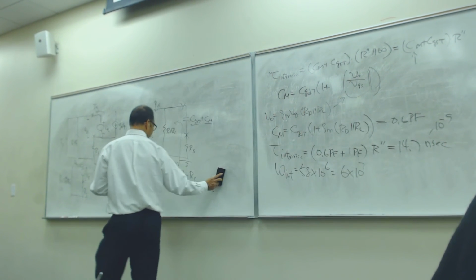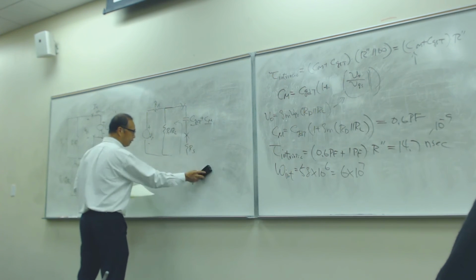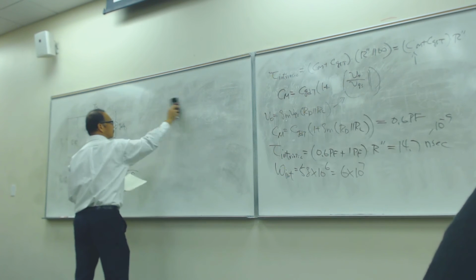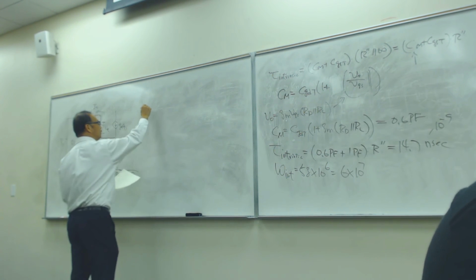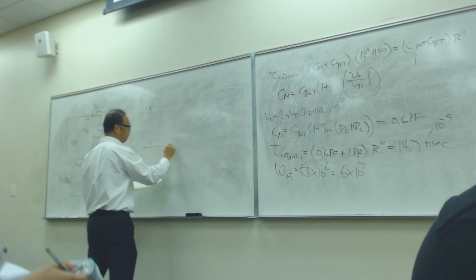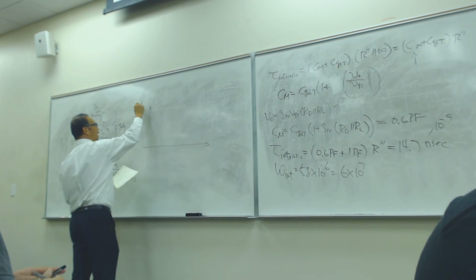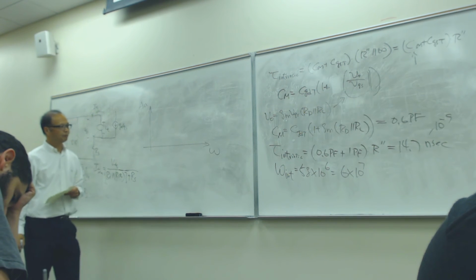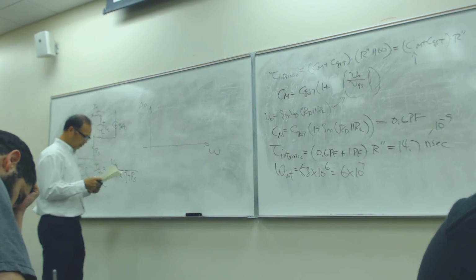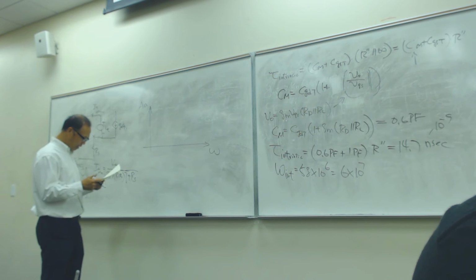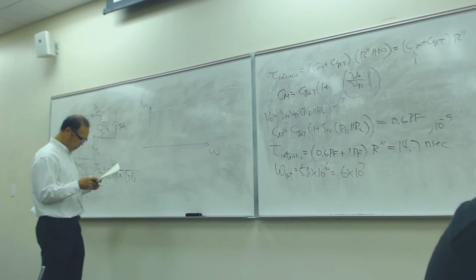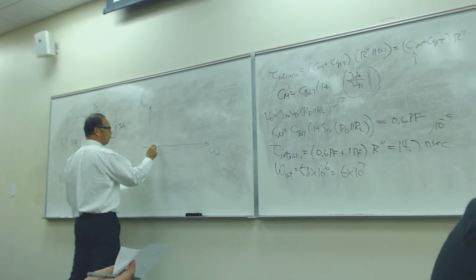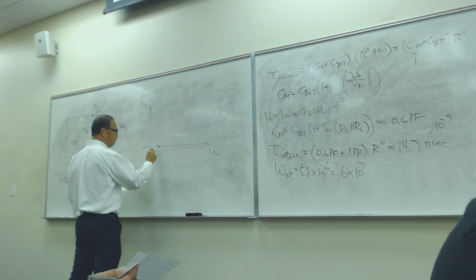Okay, now we've got everything we need. Now, if I do the Bode plot, A sub B versus omega, you have to remind me what were the corner frequencies we have found? 10, all right, thank you.